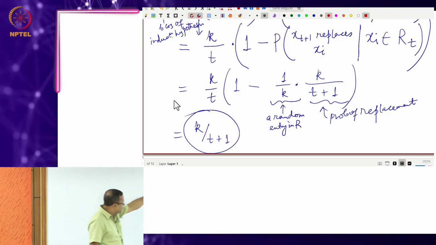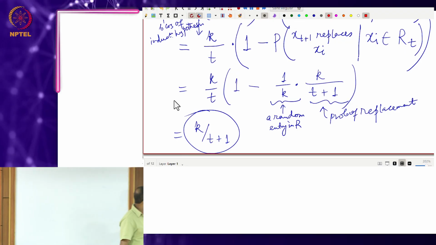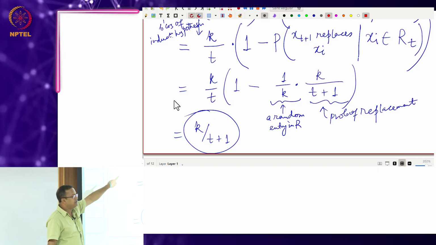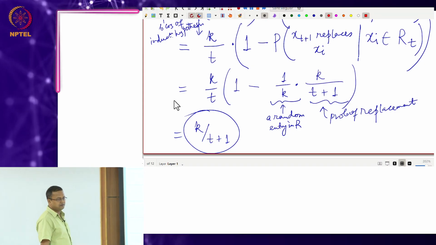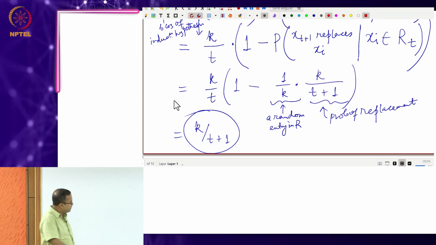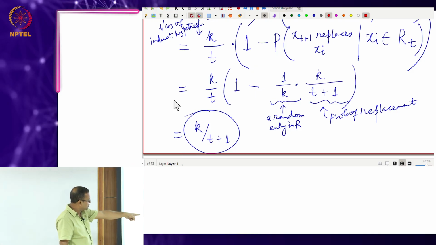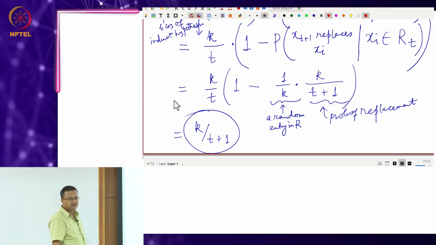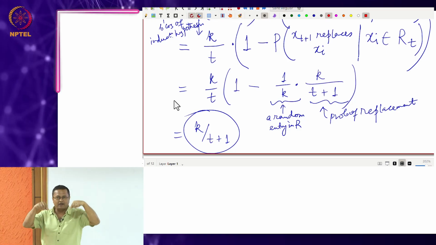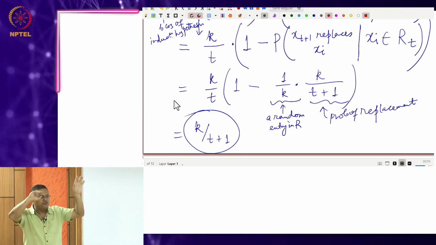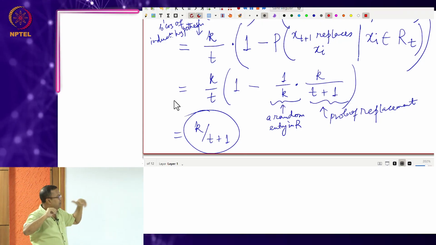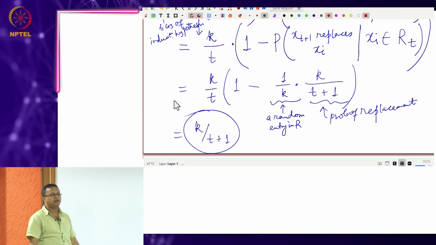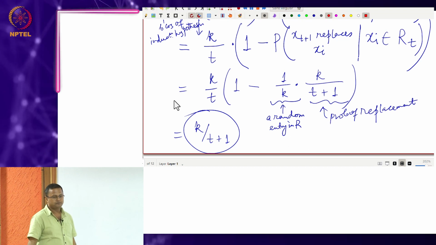Now, this part of the calculation actually fixes that probability k by i. So, you now know that for this to turn out to k by t+1, I should get things like this, and that gives you a back calculation idea that, well, if I fix the probability as k by i, then this calculation would go in very smoothly.